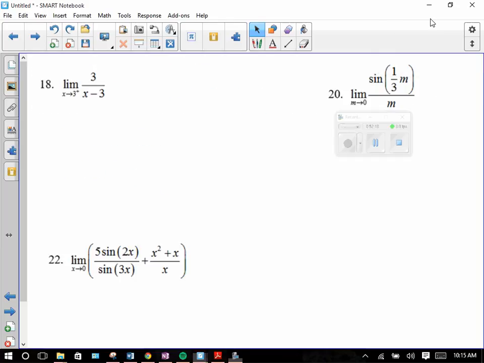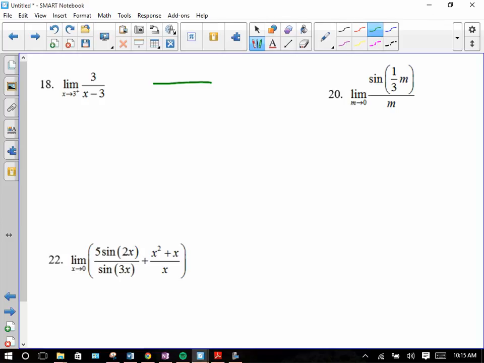So first of all, number 18, how do you do this intuitively? Intuitively, you have to think about what it's asking. This is the way I do it, because I can't use a calculator. So the limit as x approaches 3 from the right. I can underline this 3.